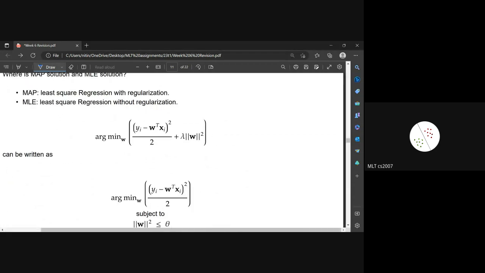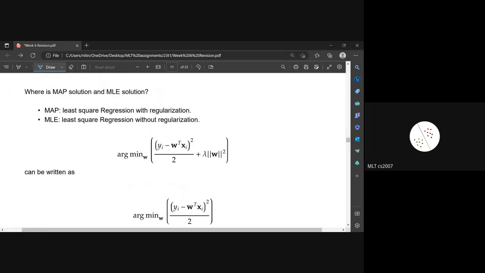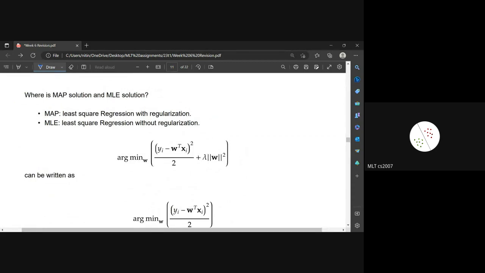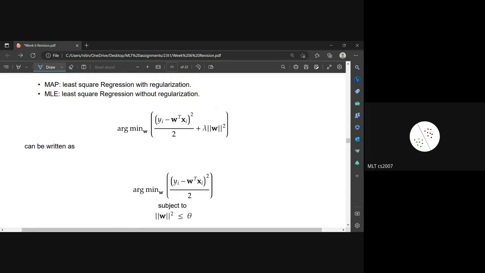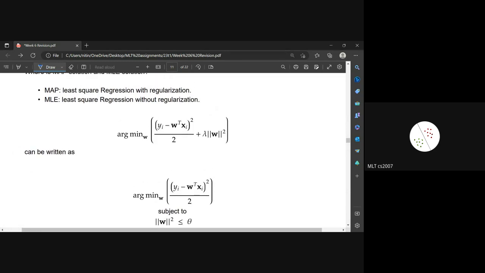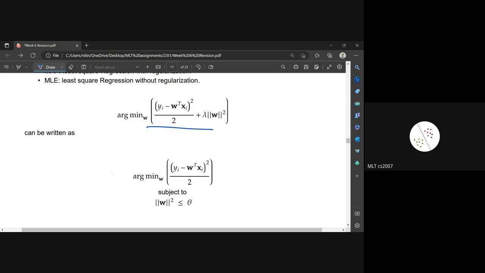Okay, so now we'll try to see the locations of these two estimators geometrically. So this was our actual optimization problem where we are trying to minimize this thing, right? Can this problem be written like this, claiming that these two optimization problems are equivalent?